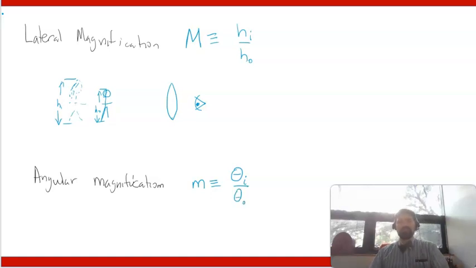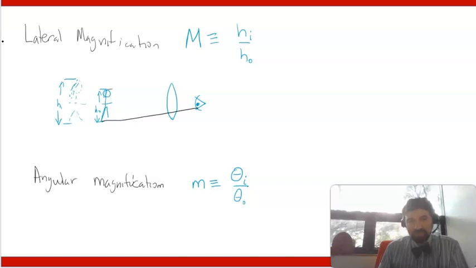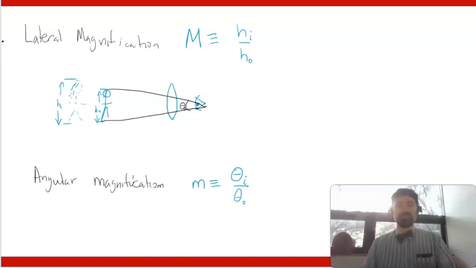Now, to understand what this is talking about, let's say that again, this is my eye. It's some distance away from the lens. And let's say that I am looking at this person right here. In so doing, this person kind of subtends some angle, theta O, for object that I'm looking at.